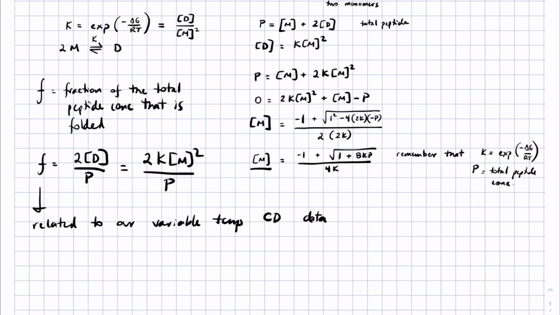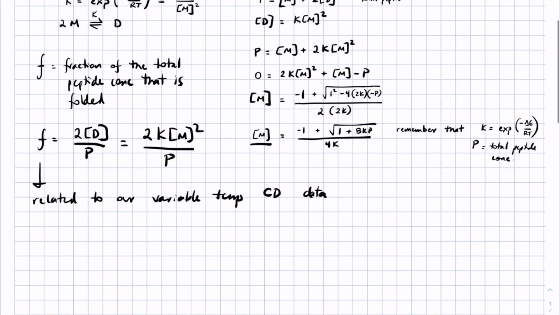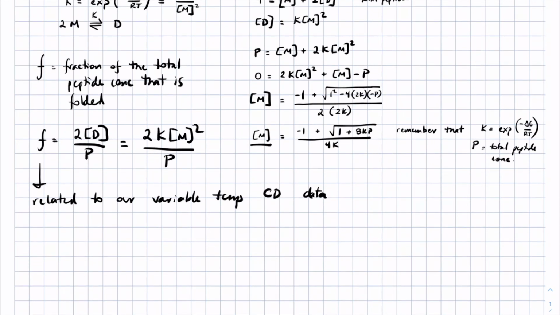And what that means is that we can use our variable temperature CD data to estimate what fraction folded is, and then from that we can calculate K and ultimately delta G. I suppose if you want to see the overall expression substituted in, we could do that. I'm not sure I've done this before. I usually just let Mathematica do the algebra for me.